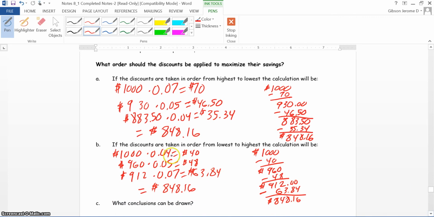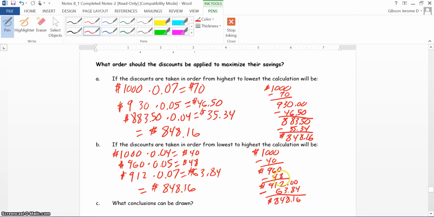Now we want to apply the discounts from the lowest to the highest. 4% is the lowest, so we'll take the $1,000, which is the pre-discount price, and multiply it by 0.04, which gives us $40. Now we subtract $40 off of the 1,000, which gives us $960, and we multiply that by 0.05, which is $48.